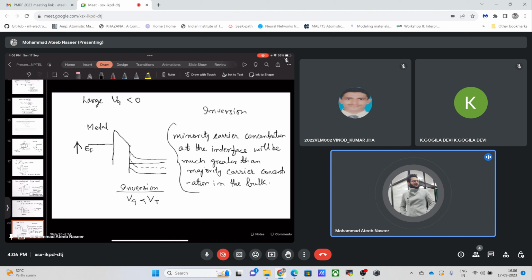As a result, we have the onset of inversion, where the minority carrier concentration was much greater compared to the majority carrier concentration of the bulk, and all these things are happening at the interface of the oxide and the semiconductor. Okay, so this is one thing regarding this metal oxide semiconductor.